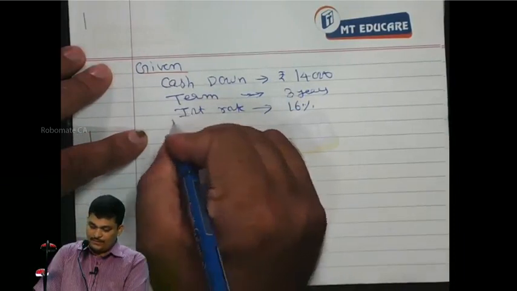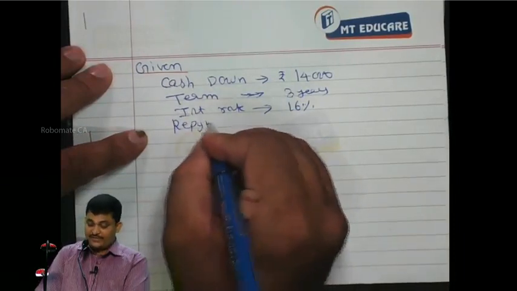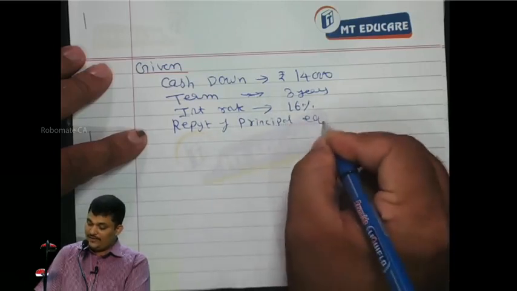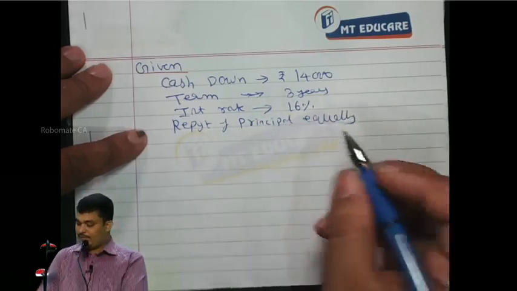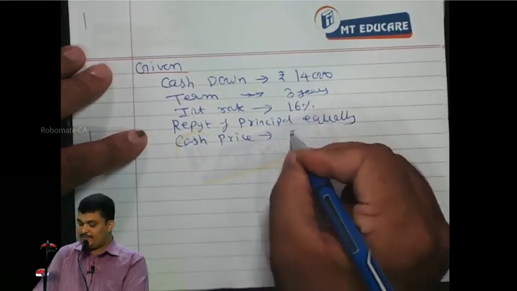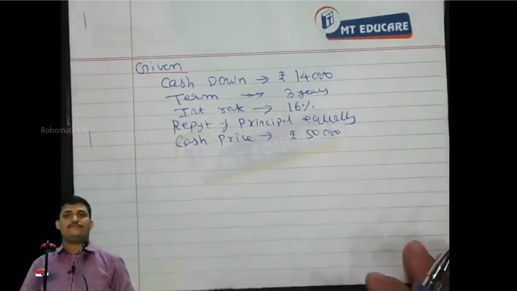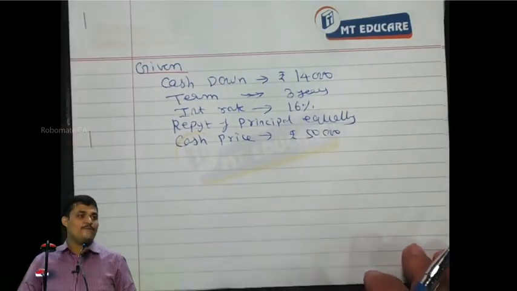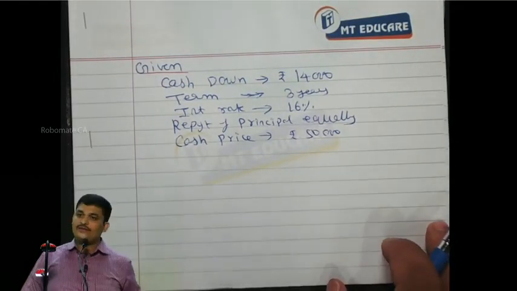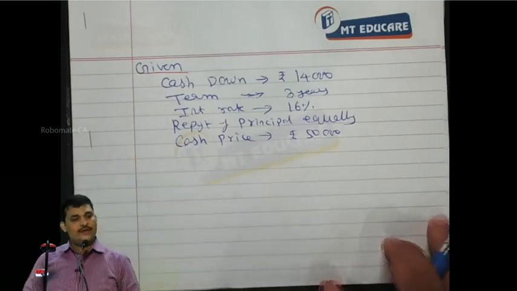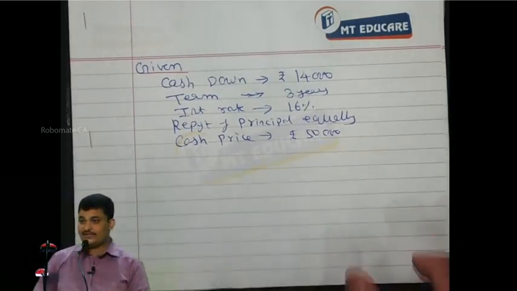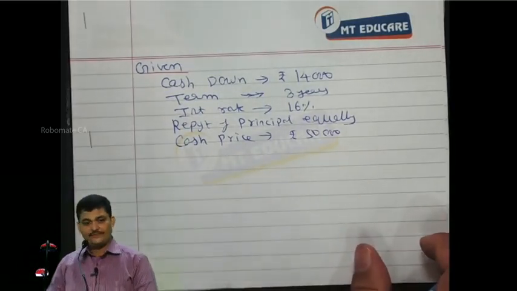Then this is an important fact: repayment of principal equally. They have also given cash price rupees 50,000. They are asking you what should be the first installment, second installment, third installment, and also what is the HP price. So 4 things they are asking you to find out. Everybody?